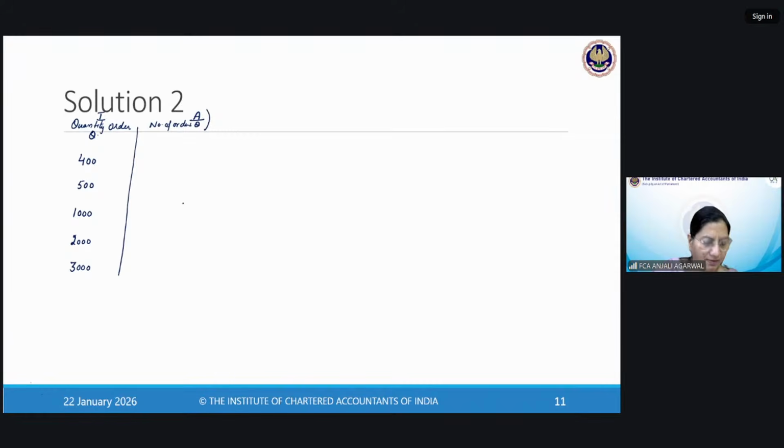Here, I will mention that for theoretical purposes, I am allowing the fraction. 5,000 divided by 500, 5,000 divided by 1,000, 5,000 divided by 2,000, and 5,000 divided by 3,000, 1.66 or 1.67.